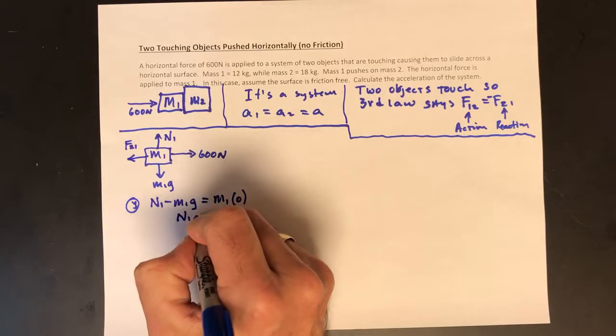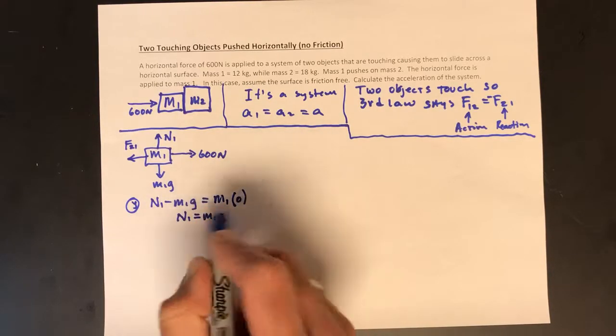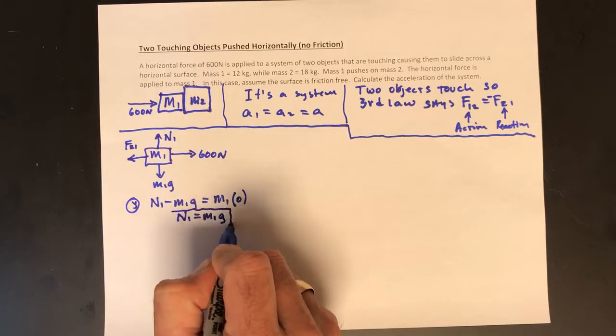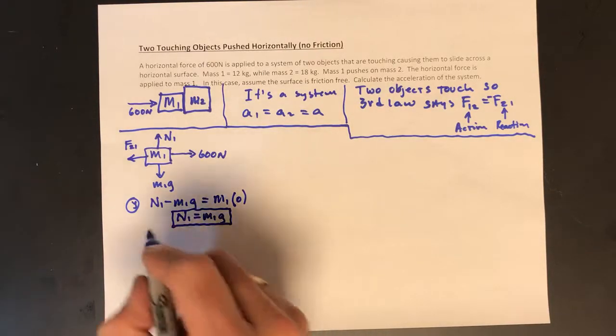So that means that the normal force on object 1 is simply equal to its weight this time. Now remember that the normal force is not always equal to an object's weight. Sometimes it's more complicated than that.